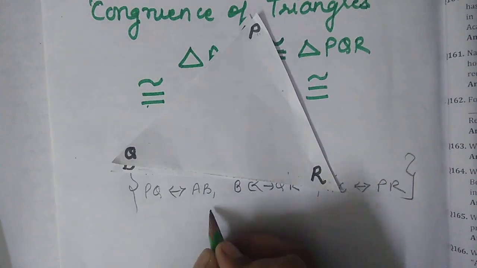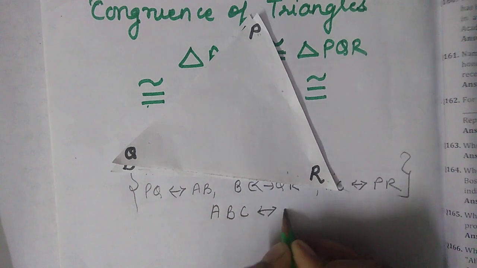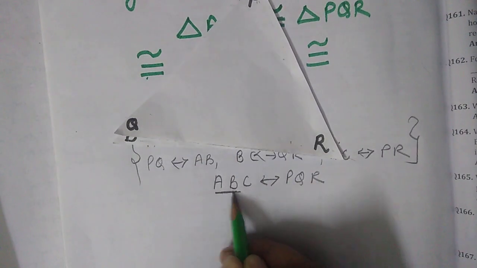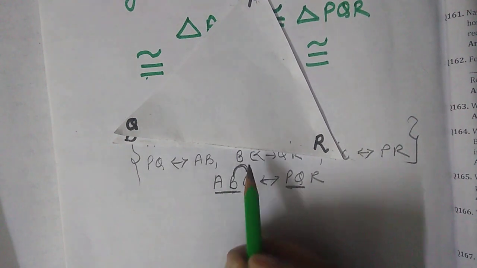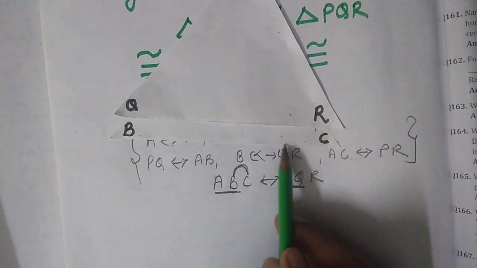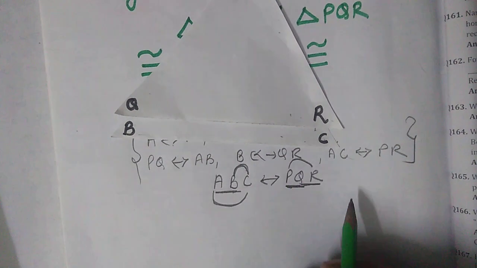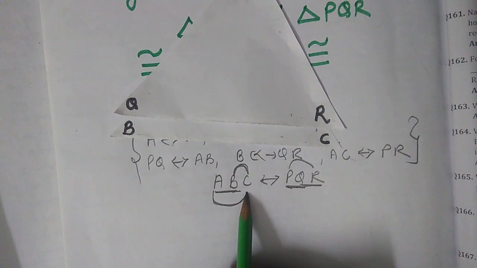Now the triangles are congruent and this triangle is overlapping another triangle, so we can write it as triangle ABC is corresponding to triangle PQR. It means side AB is corresponding to side PQ, side BC is corresponding to side QR, and side AC is corresponding to side PR. Okay, the naming of the triangle is very important.